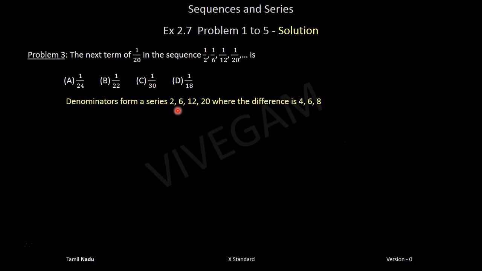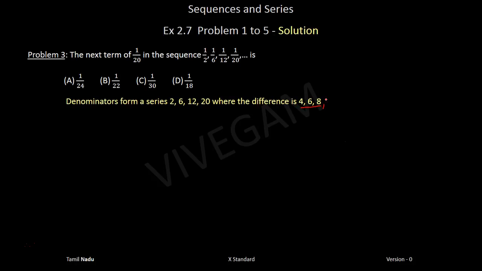If you look at it, the differences are increasing. 6 minus 2, the difference is 4. 12 minus 6, the difference is 6. 20 minus 12, the difference is 8. So here you can see the difference between two terms is continuously increasing: 4, 6, 8. So what will be the next one?